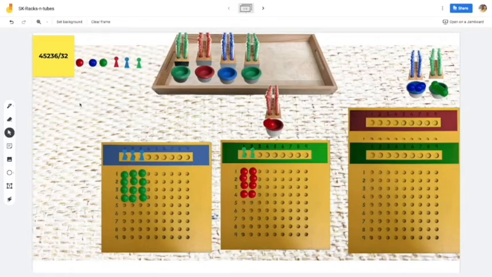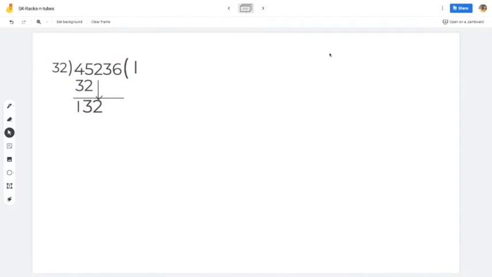Now it is time to see what each one got, and each one has got 400s. Let us record this or write it down in the next frame. Each skittle has got 400s, so we write 4 in the quotient's place.